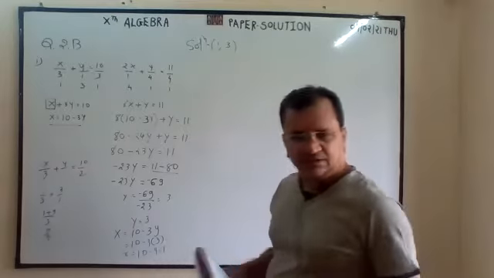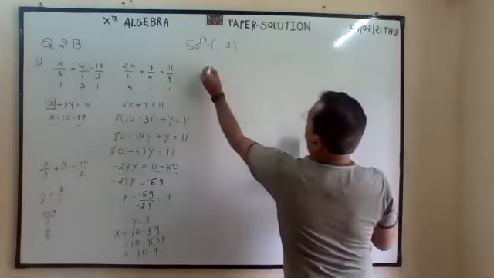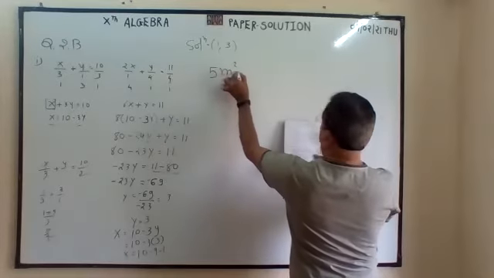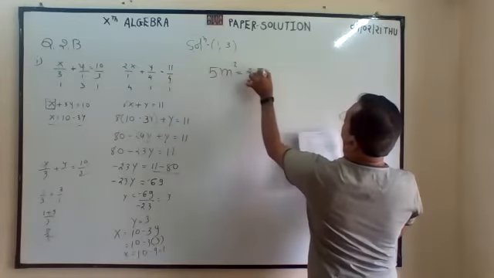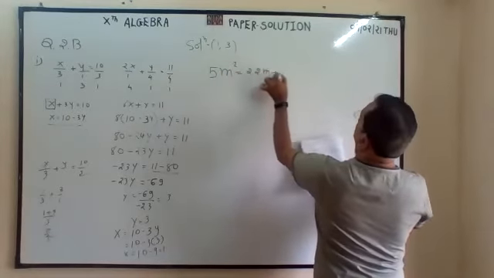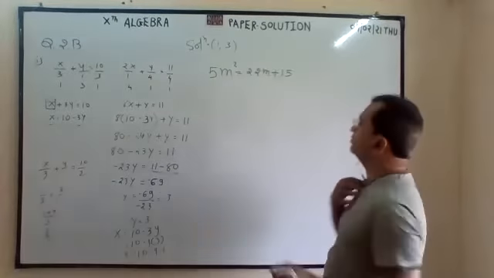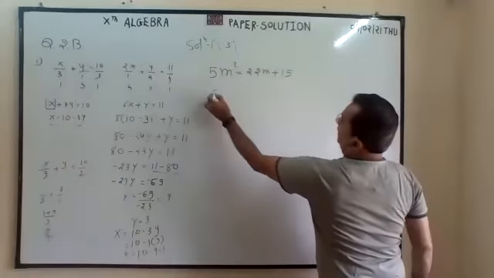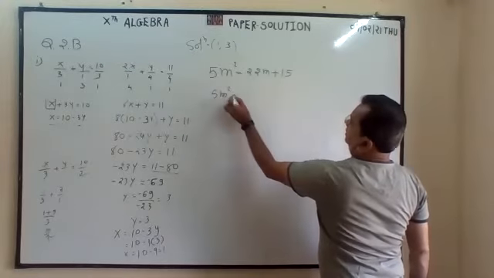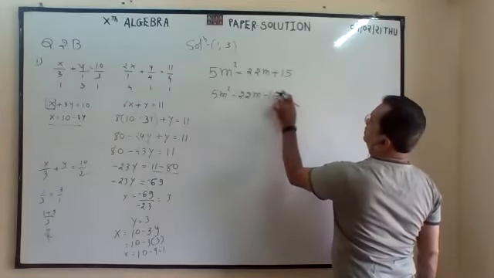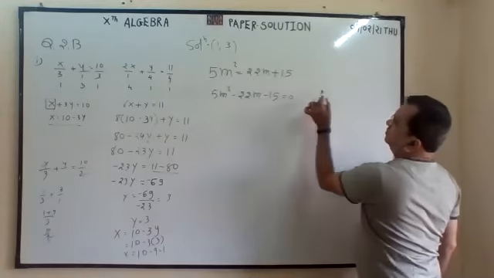Solve by factorization. 5m square minus 22m minus 15 is equal to 0.